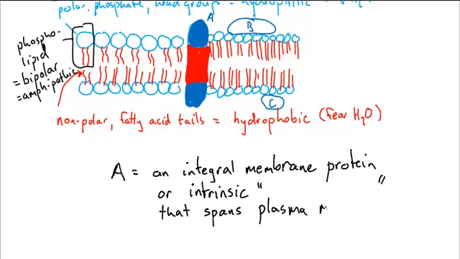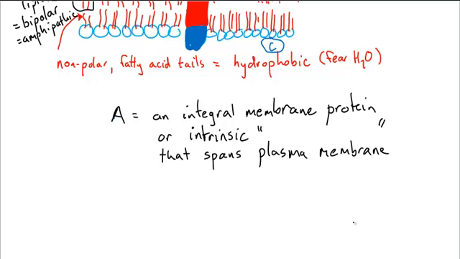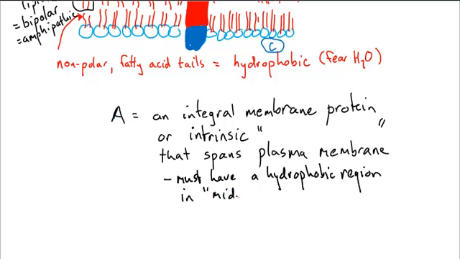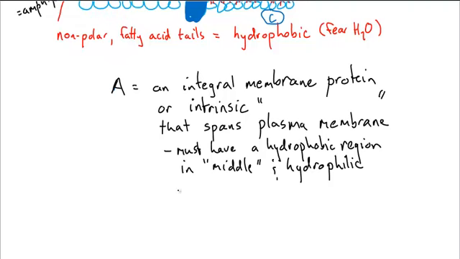So it goes right through the plasma membrane from the extracellular side through the lipid bilayer into the intracellular side. Integral plasma membrane proteins have to have a hydrophobic region in the middle, similar to the phospholipid.